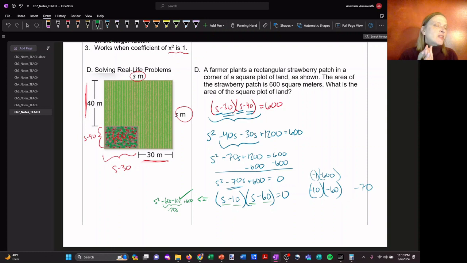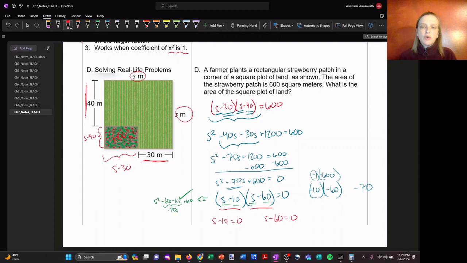I factored it correctly, but that wasn't what the problem asked me to do. The problem asked me to solve for the area of the square plot of land. So I need to figure out what the side length is. I need to actually solve for s. So because I have a multiplication problem set equal to 0, s minus 10 might equal 0, or s minus 60 might equal 0.